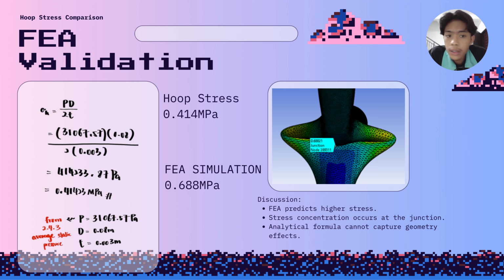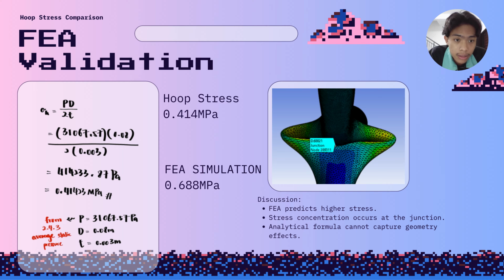Okay, for the FEA validation, we compare our simulation stress against a manual hoop stress. First, we find the hoop stress using the formula P D over 2T, where P is the average static pressure, D is the diameter of the pipe, and T is the thickness.